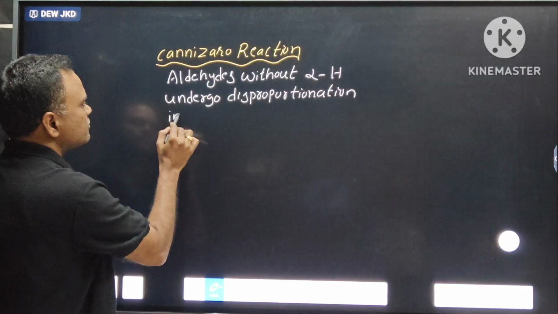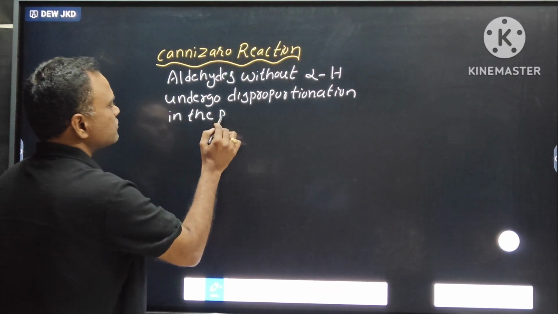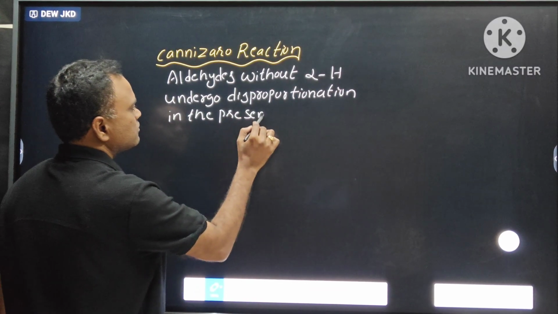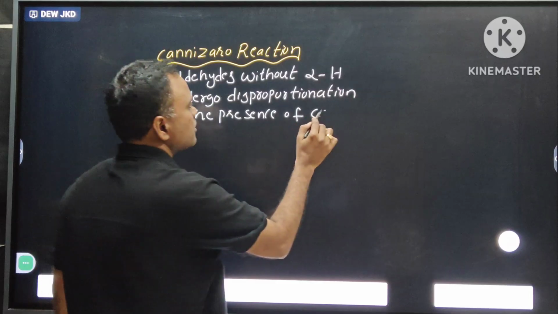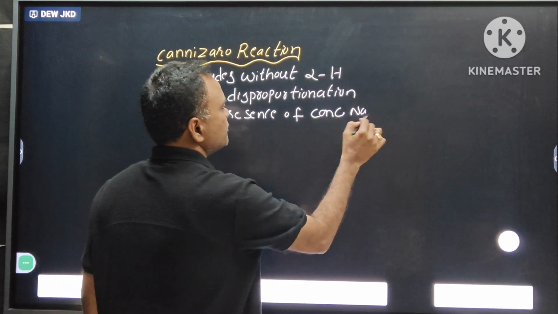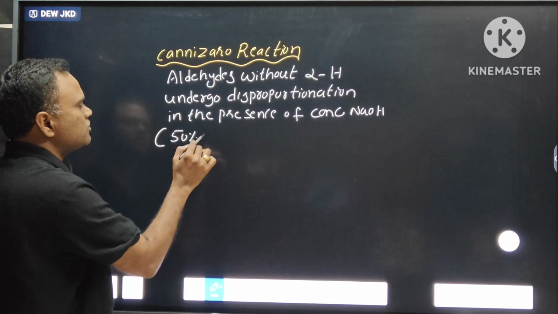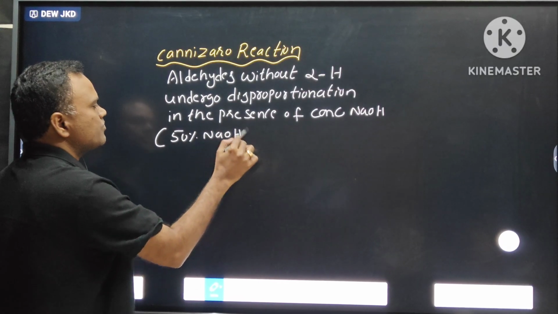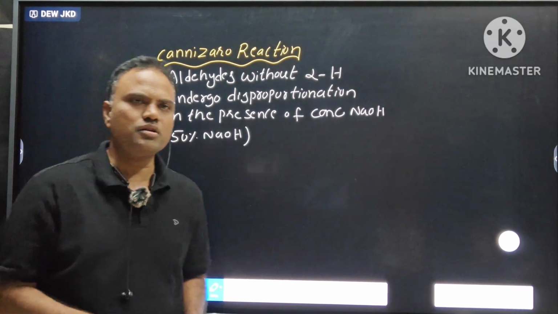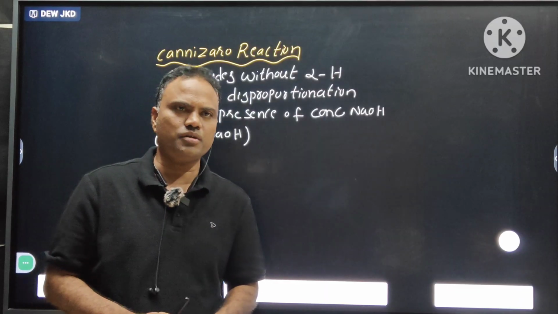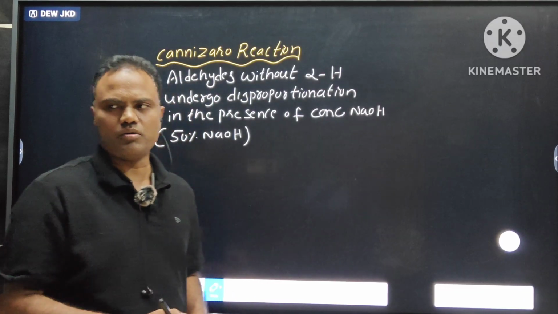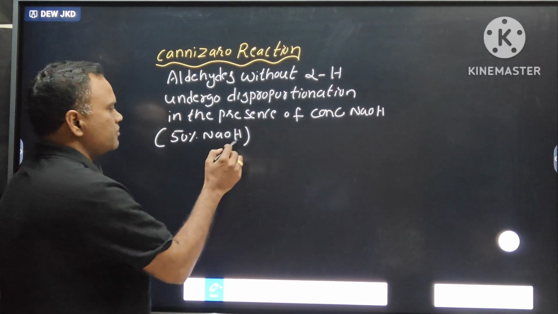In the presence of concentrated base NaOH, within the bracket 50% NaOH also considered as a concentrated base according to last year exam paper. Okay, previous year papers.